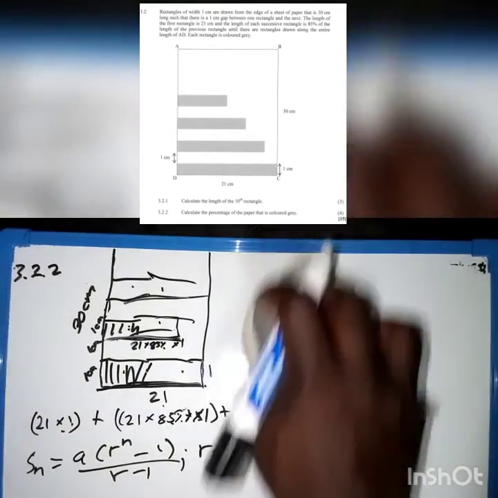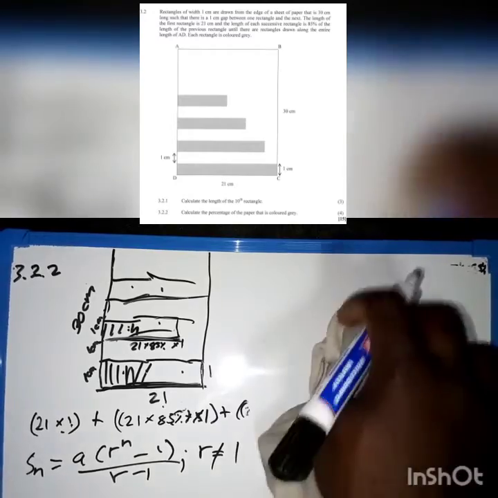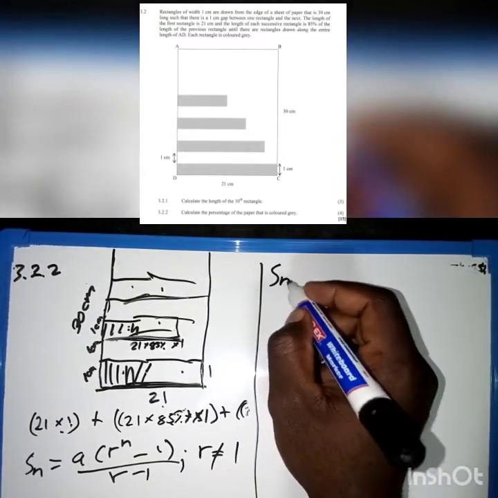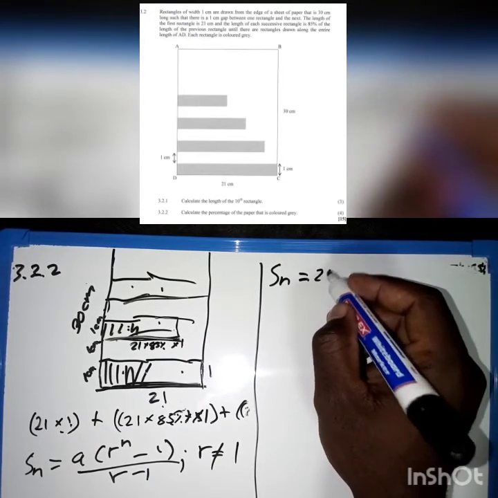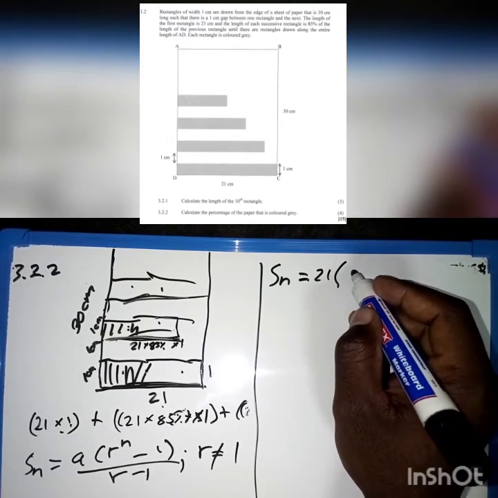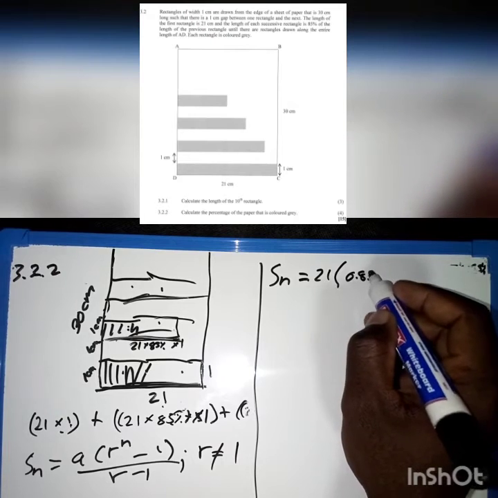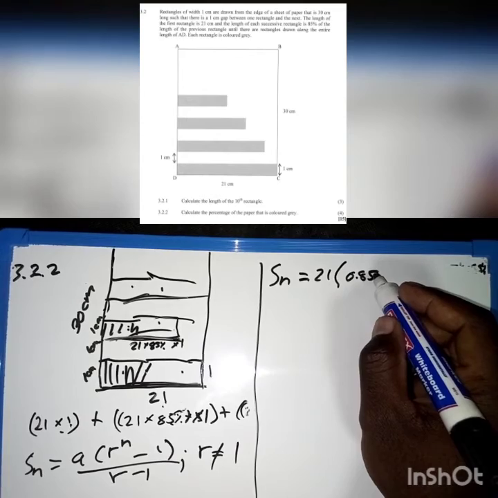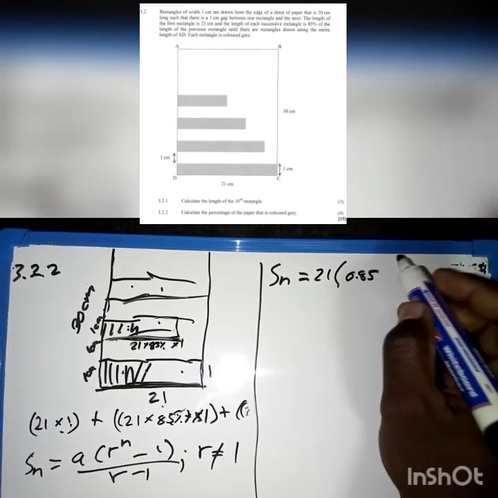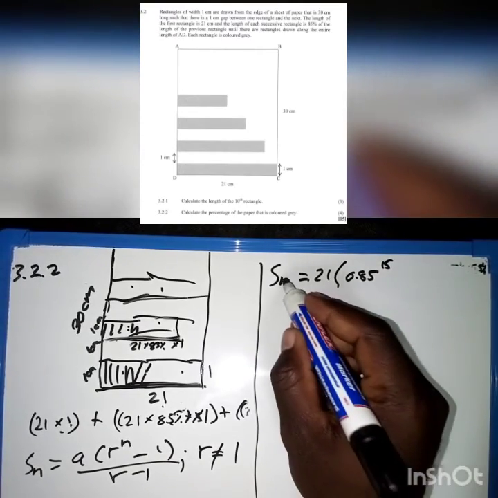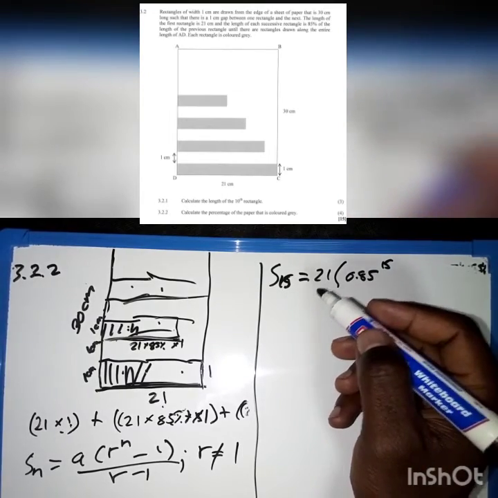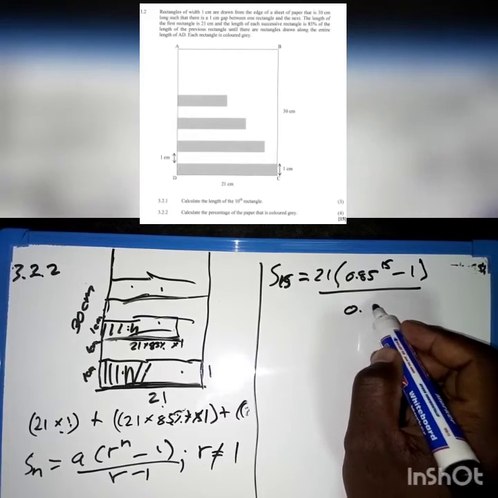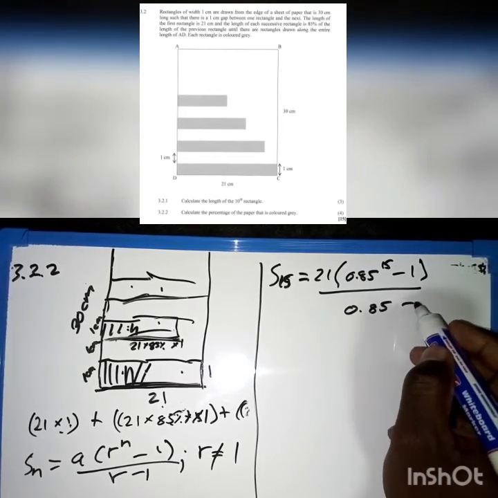So I'm going to just do everything this side. Sn, our A is 21, our R is 0.85, and our N, because there are 15 blocks, is 15, so 0.85 to the power of 15, minus 1, divided by 0.85 minus 1.